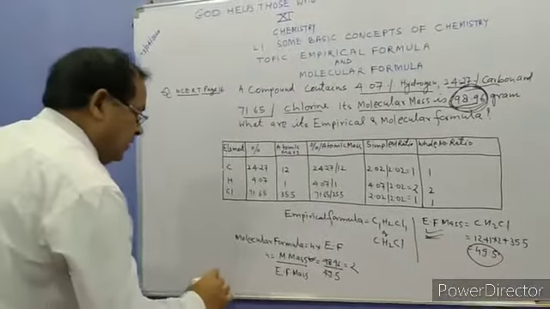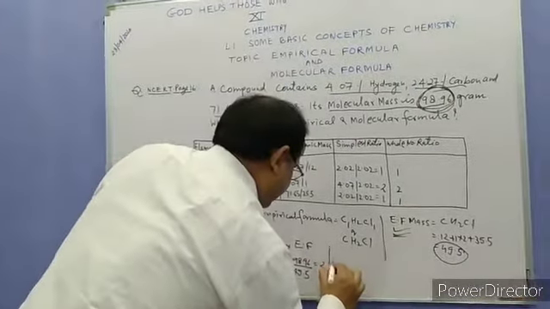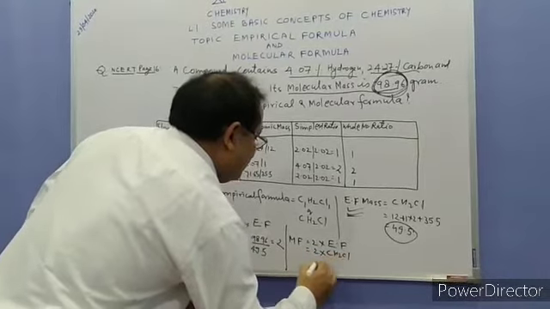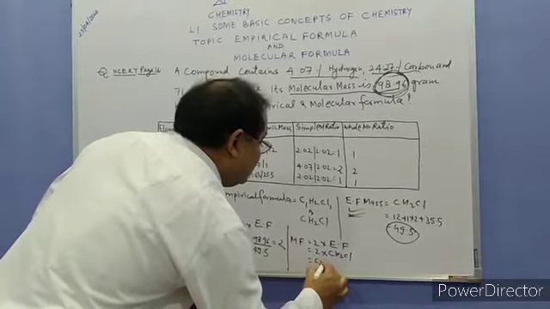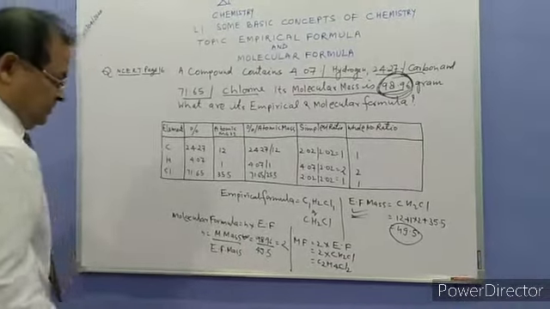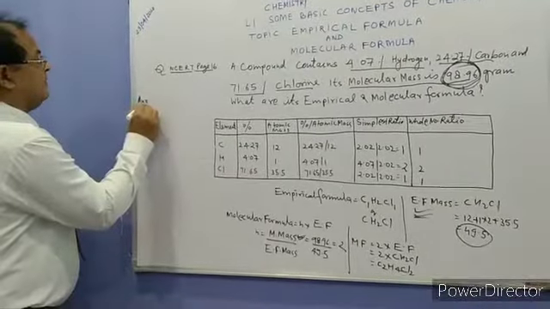So molecular formula equals 2 into empirical formula. 2 into CH2Cl. So the molecular formula will be C2H4Cl2.